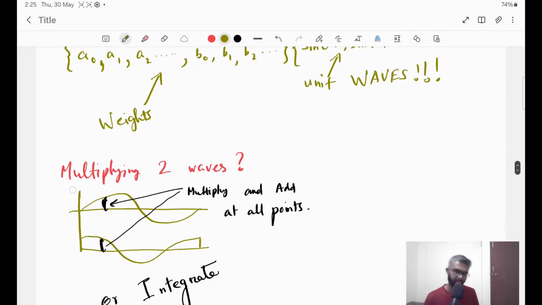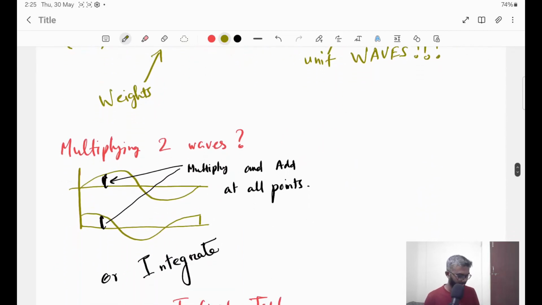Well, we can do something different. If we have two waves like this, we can find the value of those two waves at a particular point and multiply them. And we can do a similar thing for each point and add them up. This is nothing but integration.